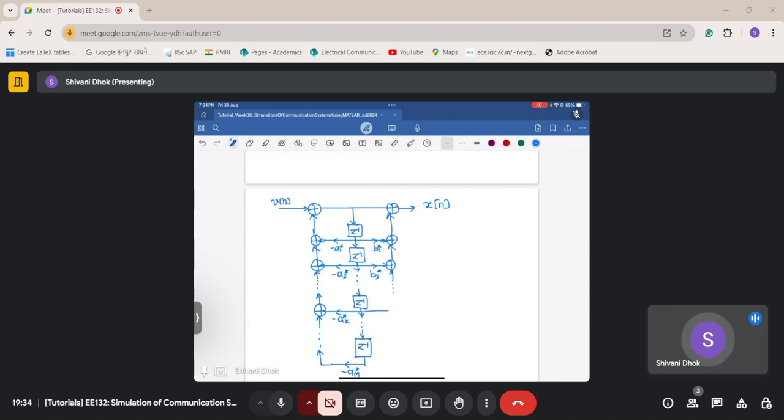And here the last one will be my bk conjugate. So this is the final direct form two structure. This was shown in the lecture.